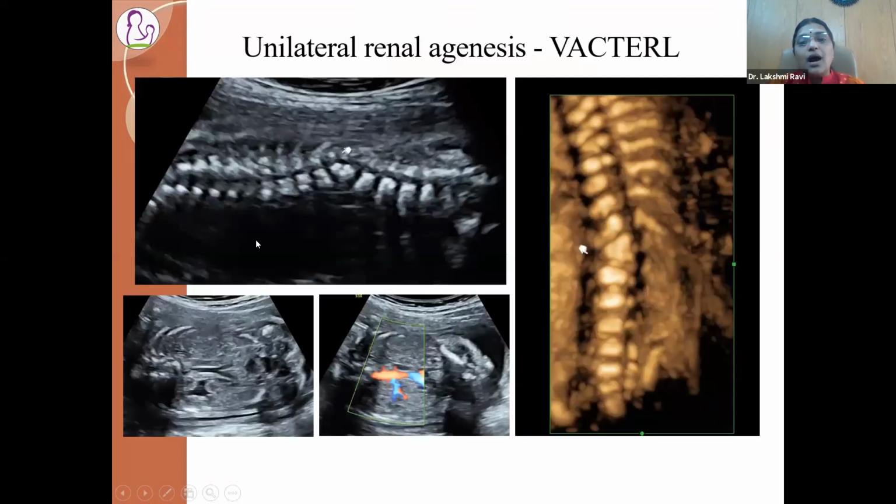But look how nicely this can be demonstrated in a 3D ultrasound. So you see the full vertebra here, the full vertebra here, and you nicely see the triangular laterally wedge-shaped vertebra nicely wedged in between the two normal vertebrae.